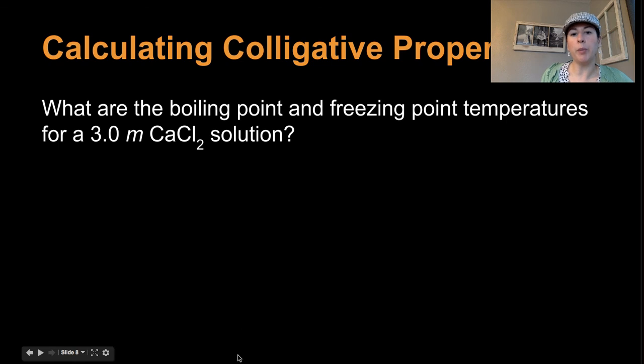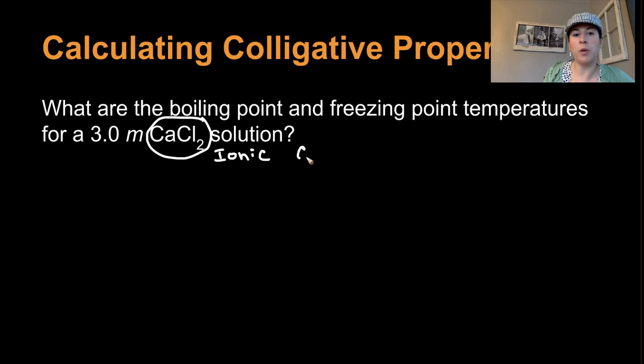What are the boiling point and freezing point temperatures for a 3.0 molal solution of calcium chloride? So the first thing that I want to do is take a look at what my particles are. So the number of particles, remember this is an ionic compound.